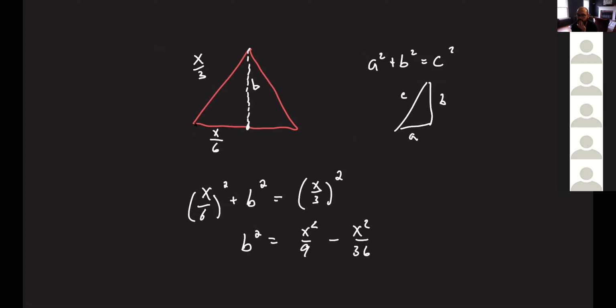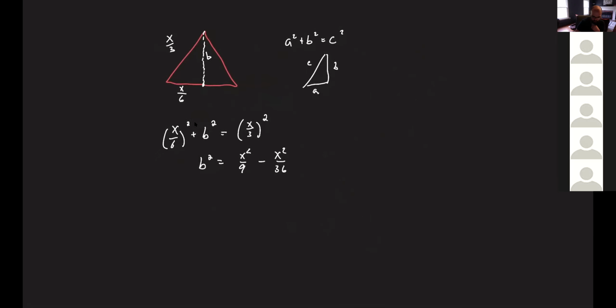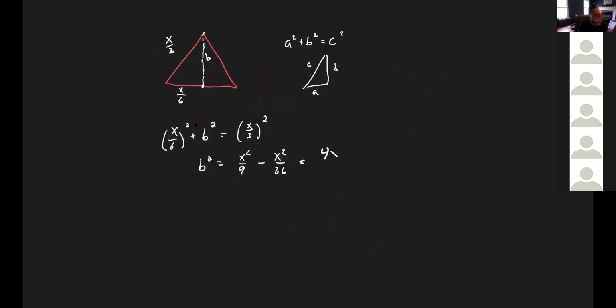So what happens here? Still guiding us, you would, Caleb, square root both sides. We could, right? So let's get some common denominators there first. So we would want to go through this and get some common denominators. So this becomes 4x squared over 36 minus 1, or just x squared over 36.